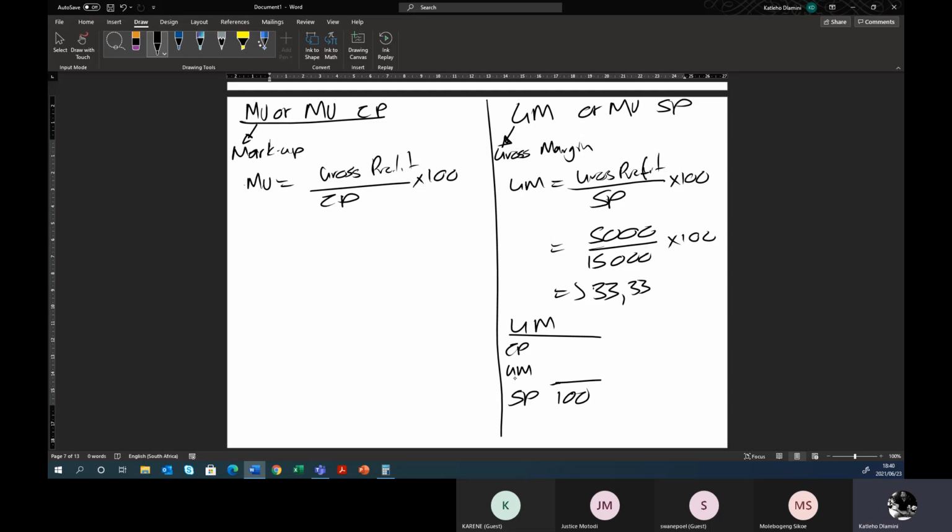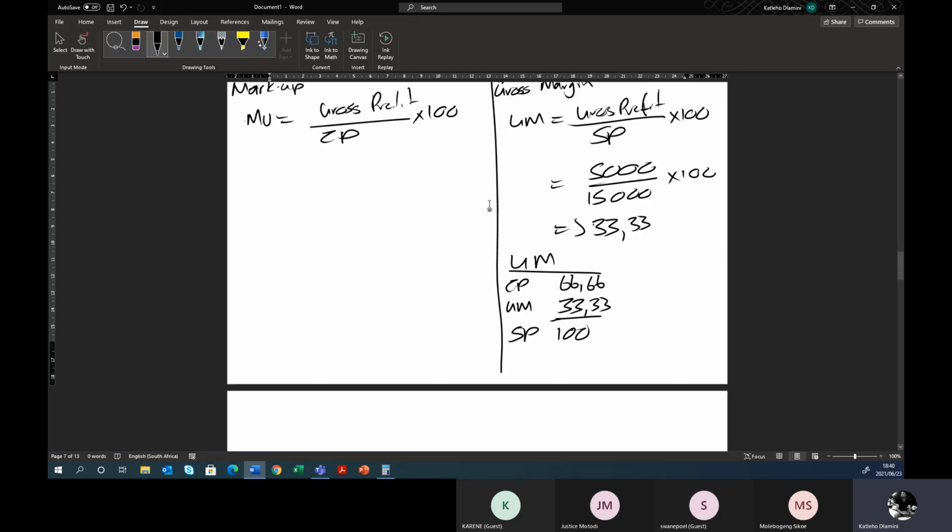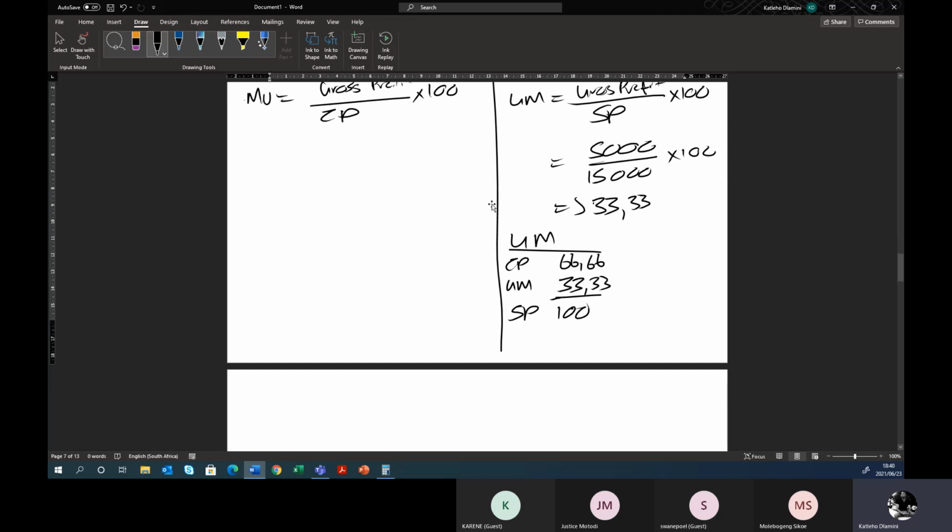Remember, cost price plus markup or gross margin will give you your selling price, right? So I have to subtract here. I have 33.33, so here I will have 66.66. Because of rounding, my answers will be a bit off, but I'm just going to show you something here. I have amount multiplied by what I want over what I have.